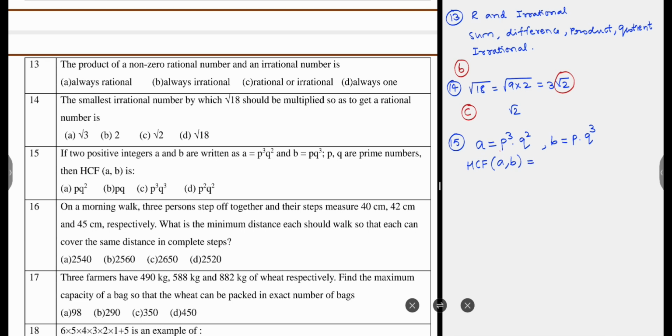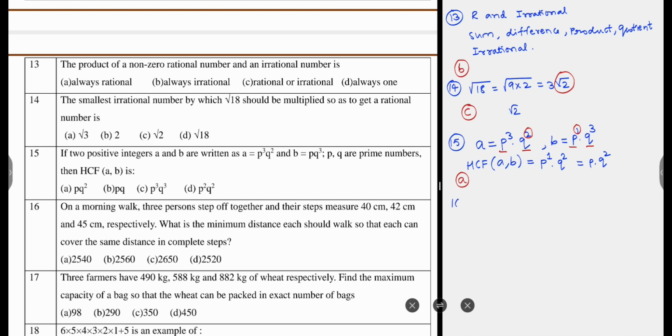We have to select p and q, both are common factors and their lowest powers. So the lowest power of p is 1, p power 1, and the lowest power of q is 2, so q power 2. So that is just p into q square. Option A is correct. Question number 15.